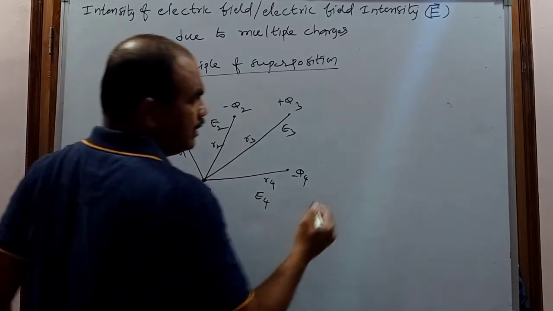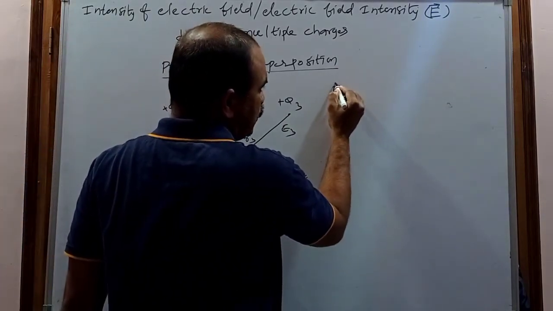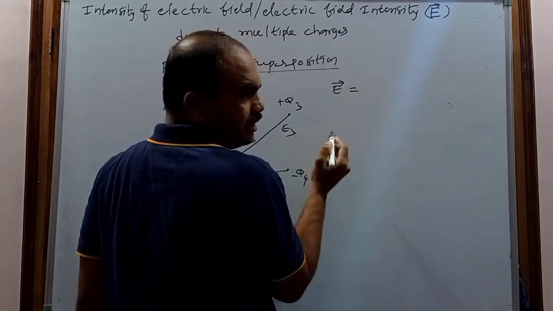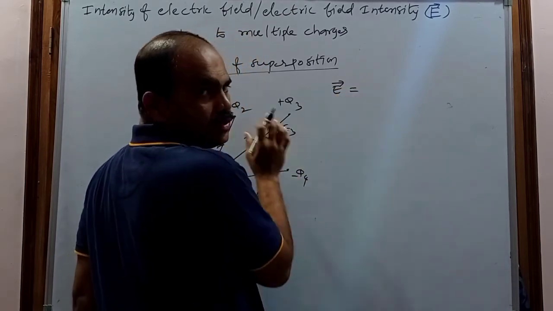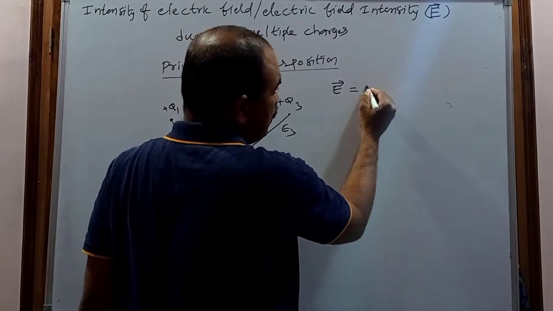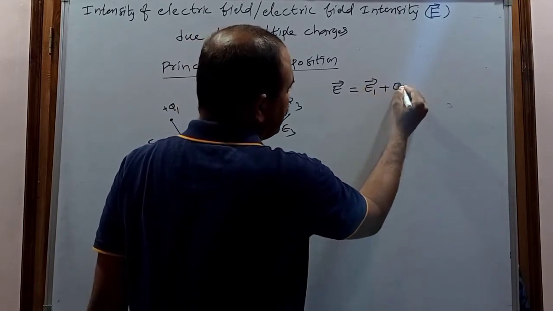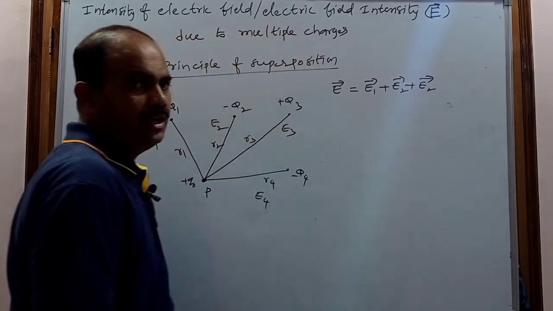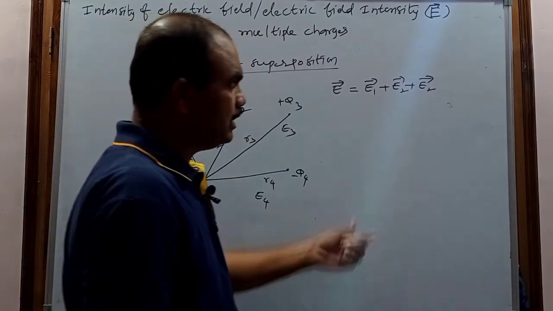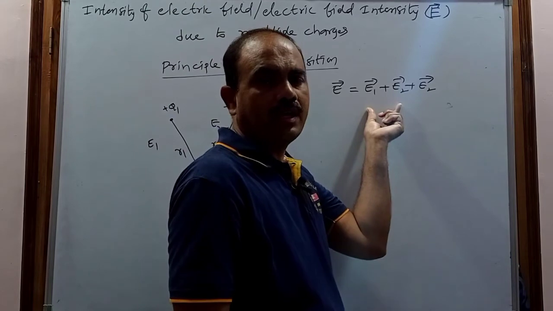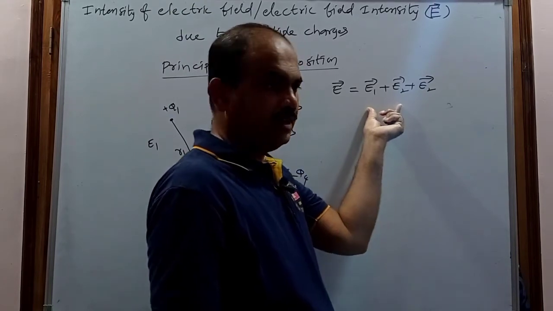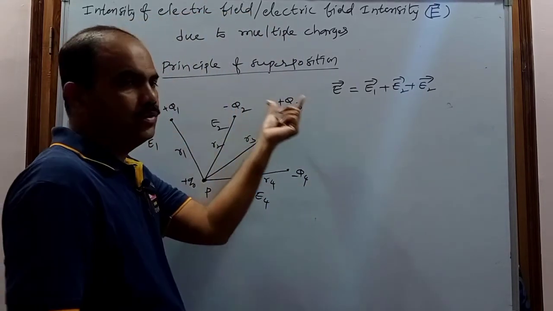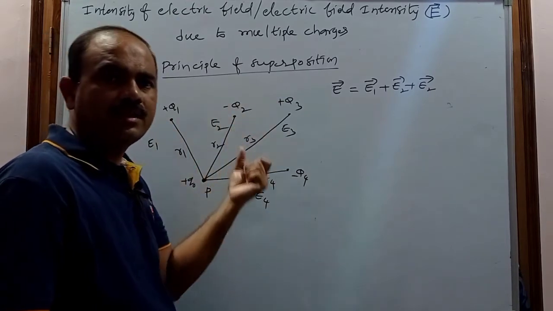So the net electric field intensity due to the multiple charges is equal to the vector sum of the individual electric field intensities due to all the charges in the system.